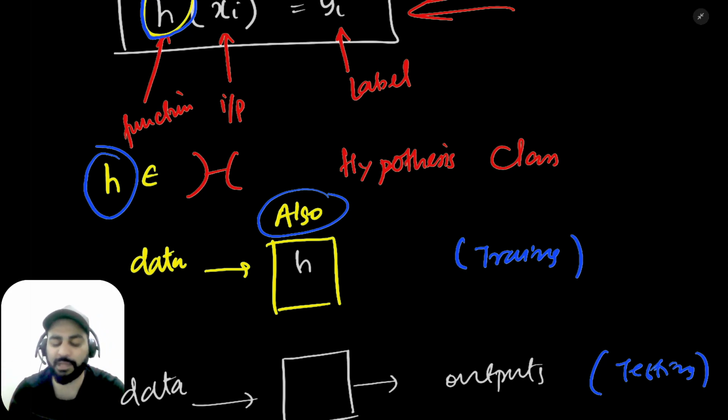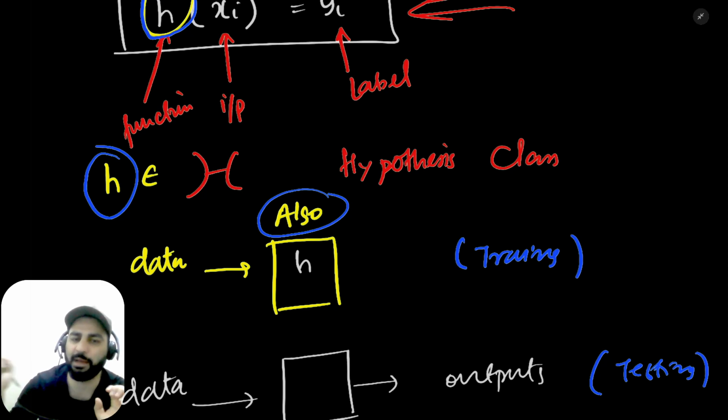I need to pick the best h among those in the hypothesis class, and that is the job of my algorithm. It should choose the best h so that when I give it the input, it gives the correct label. In our example, if I give it an email, it should spit out spam if it is spam, otherwise no spam.